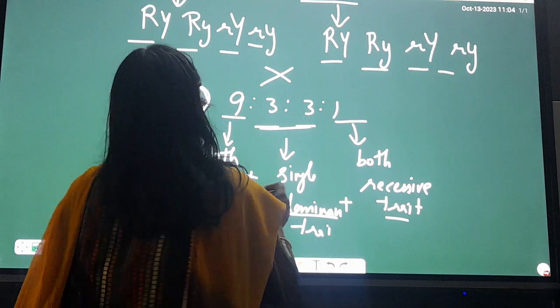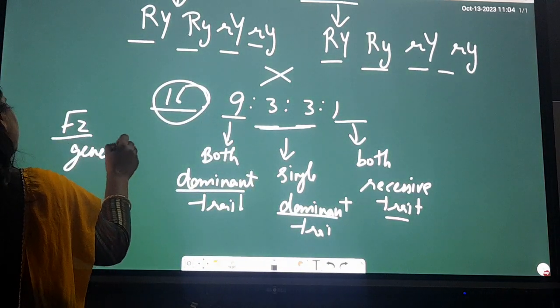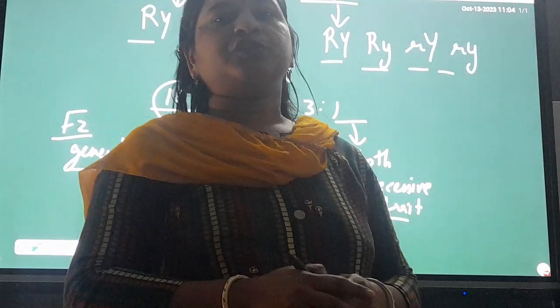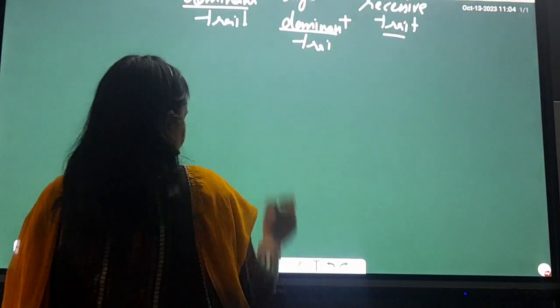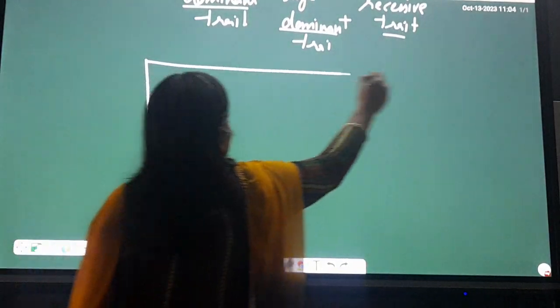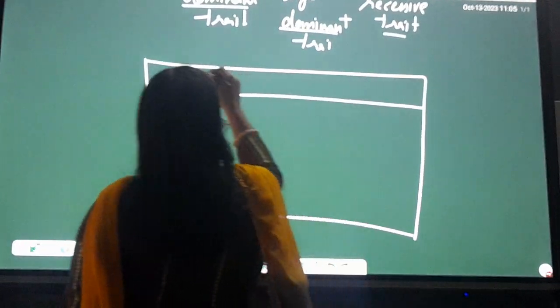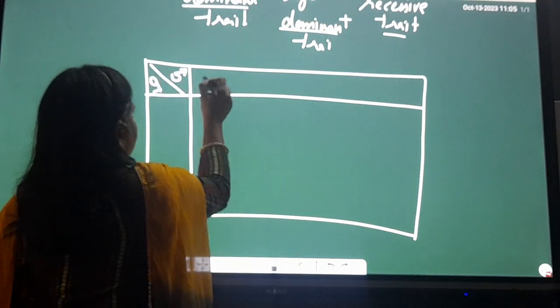Here we can see the different combinations of the F2 generation. If we want to see the genotype of these F2 generations, we can use a Punnett square. To make a Punnett square, first you have to show the gametes, male and female gametes.